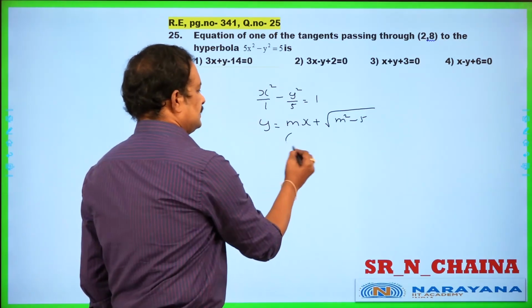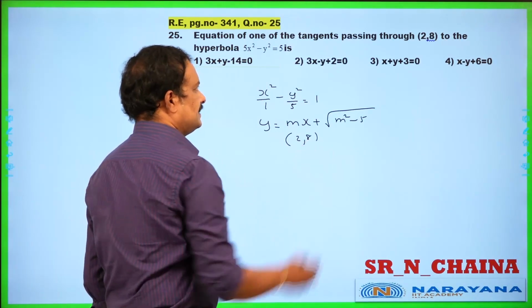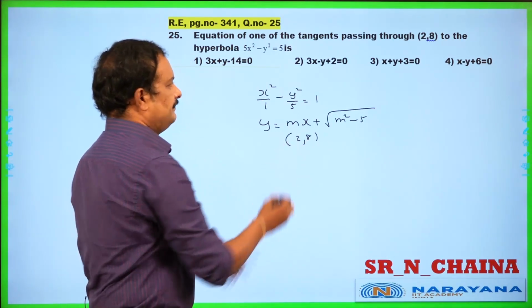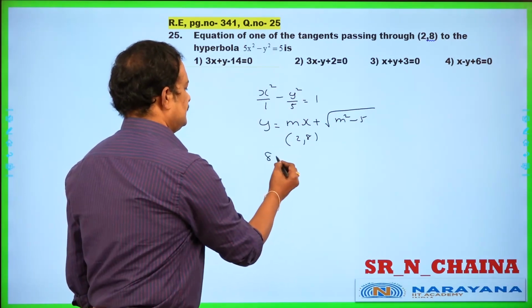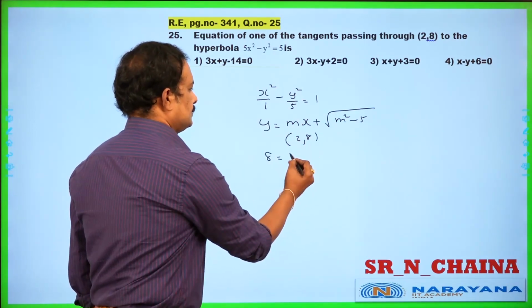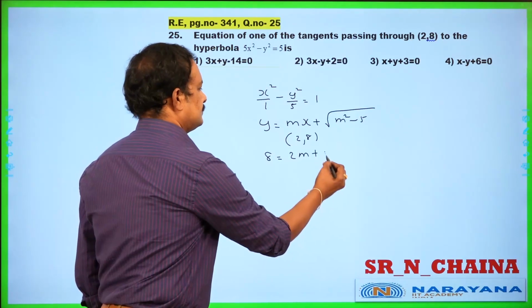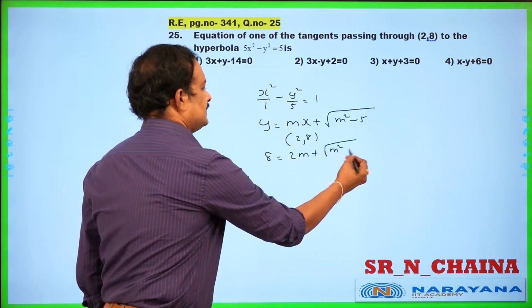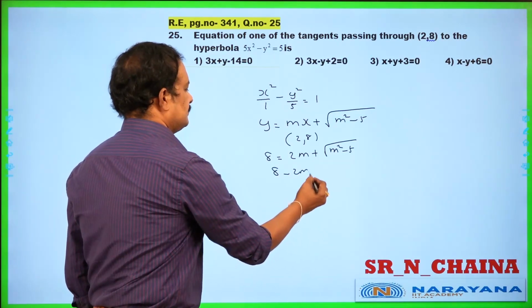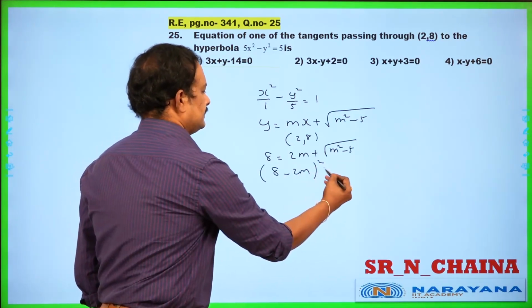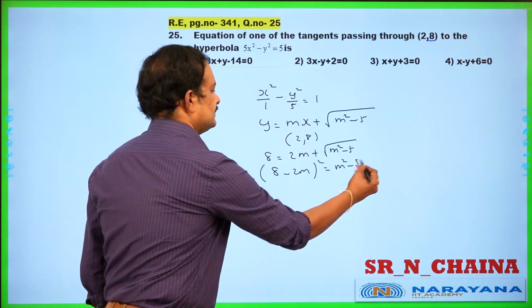This is the point from which tangents are drawn. In fact, we can verify the options also. Anyway, here 8 is equal to m into 2, 2m, plus root over m square minus 5. When you simplify this by writing, (8 minus 2m) whole square is equal to m square minus 5.